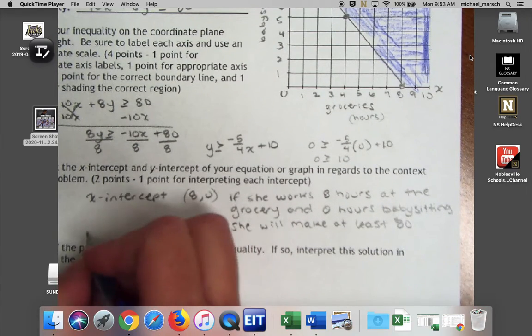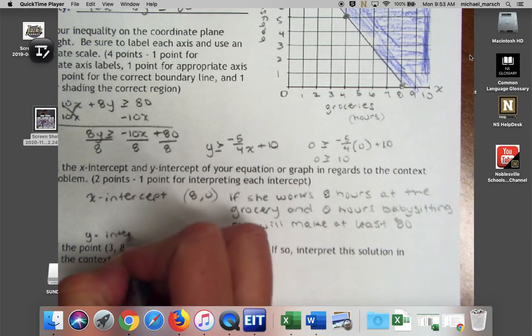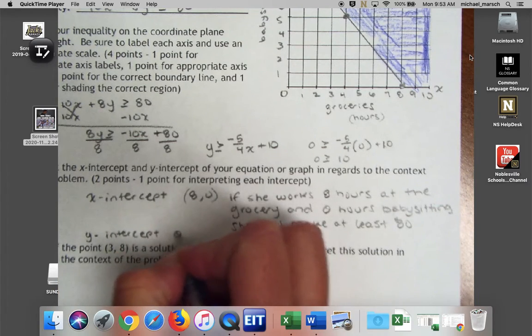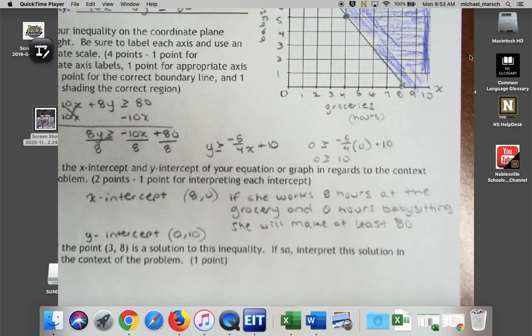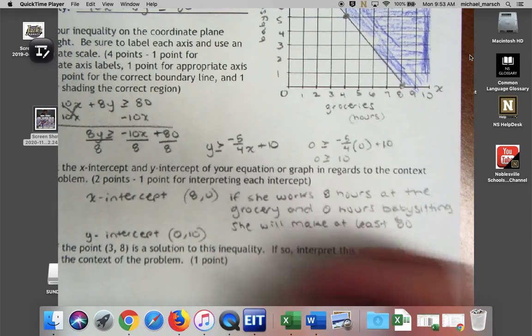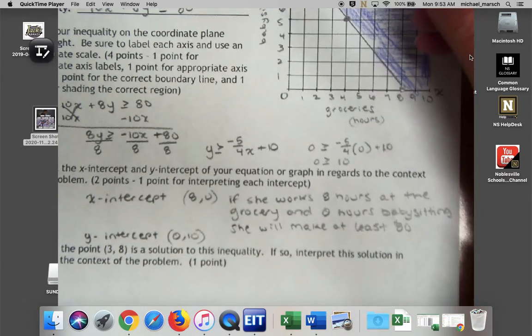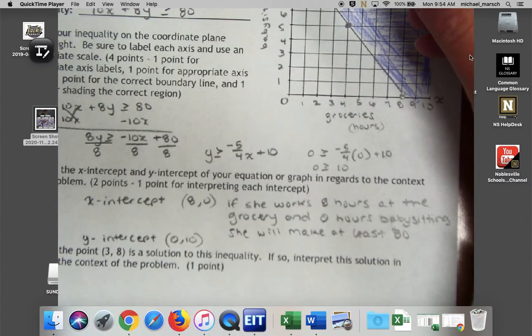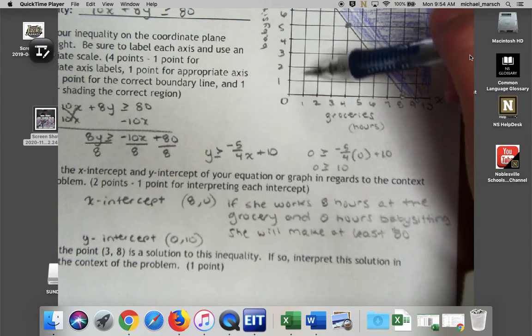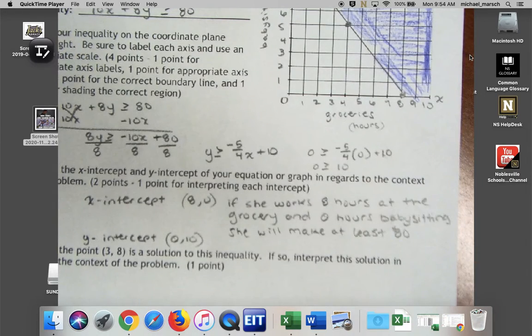I'm going to run out of room here. I'm sorry, guys. Is 0, 10. Right? And that tells us if she works 10 hours babysitting and 0 hours at bagging groceries, she'll make her $80.